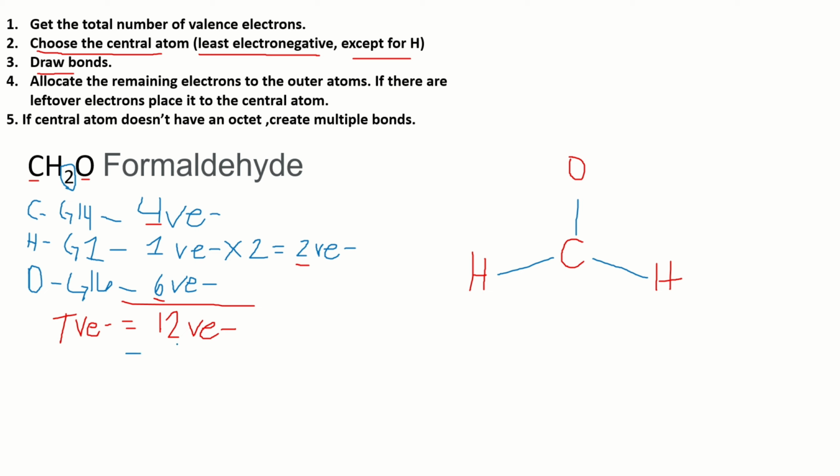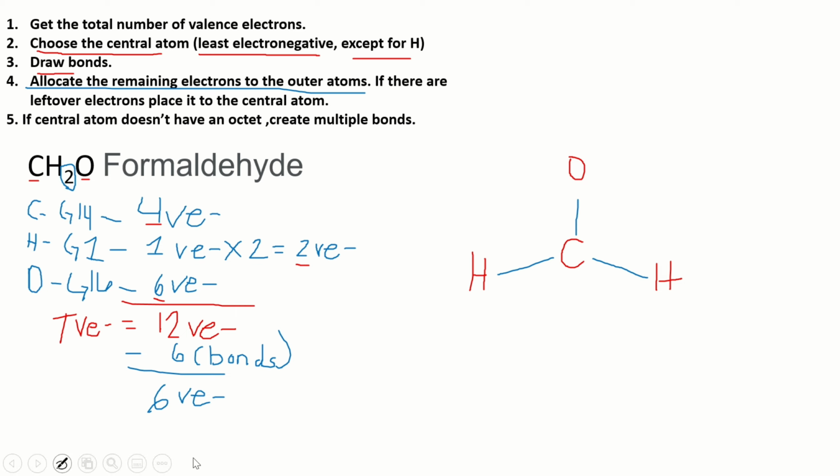Going to subtract: 12 minus 6 is equal to 6 valence electrons left. Now step 4, we have to allocate the remaining electrons to the outer atoms.